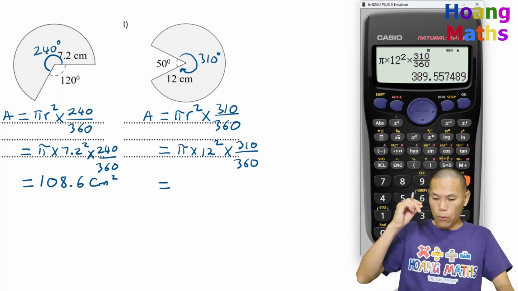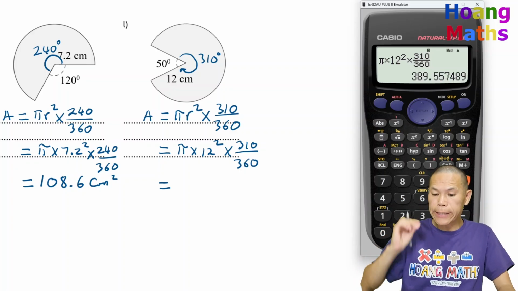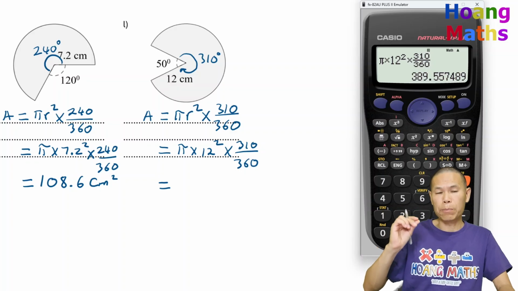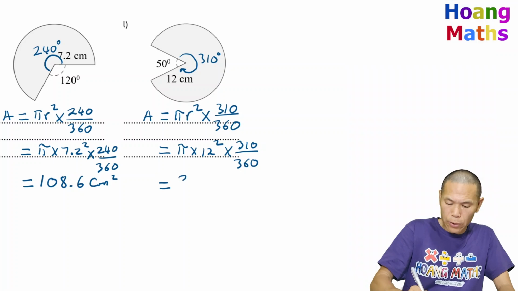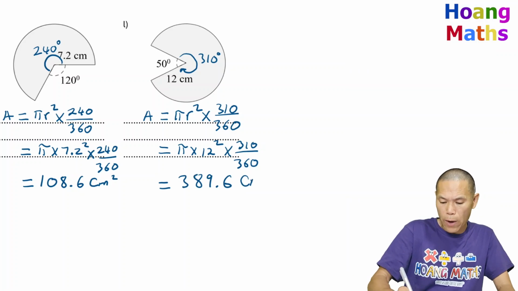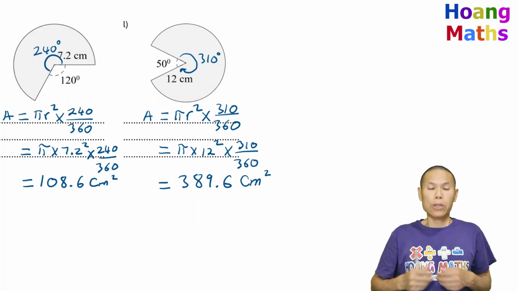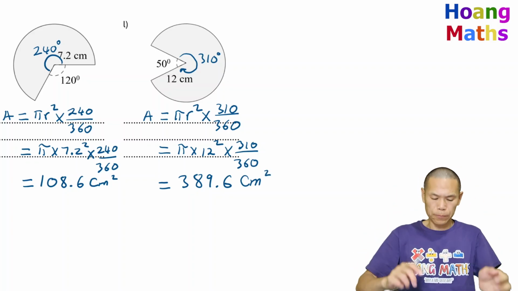So there you go, 389.6, because the number after 5 is 5, so we add 1 to 5, it becomes 6. So 389.6 square centimeters. So there you go.